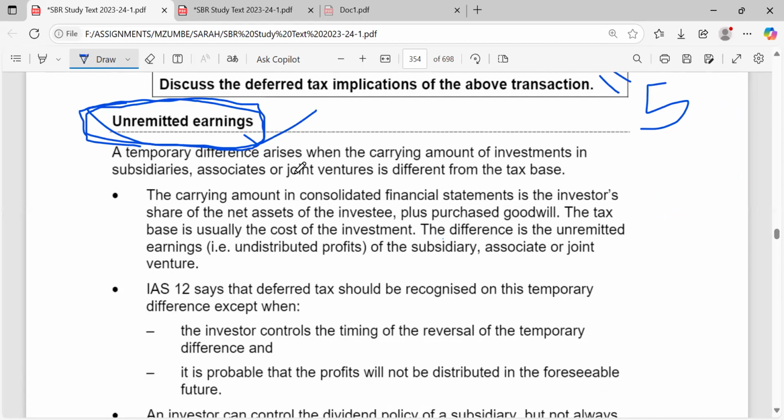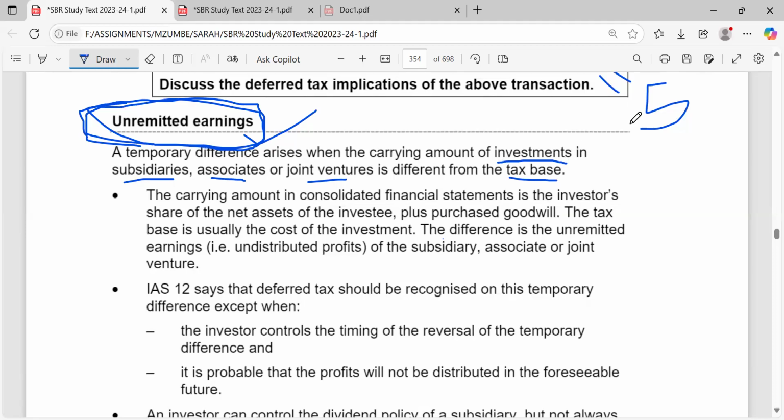We also say that a temporary difference may arise when the carrying amount of investments in subsidiaries, let's say you have invested in a subsidiary, or an associate, or a joint venture, is different from the tax base. The investment values now, right? We are speaking of the investment.